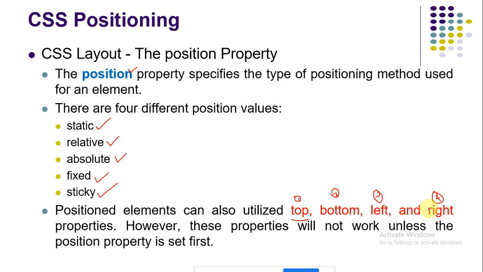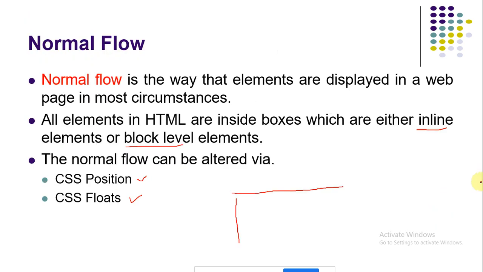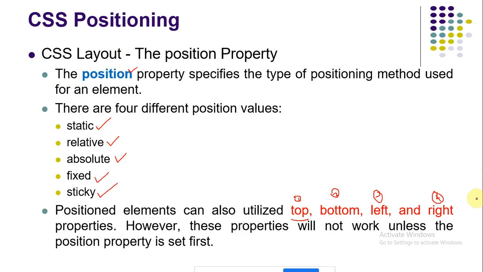Offset means from the top, after how much distance or space you want to place the element. For that you can use the top property. Similarly for bottom: from the bottom how much, left how much, right how much.